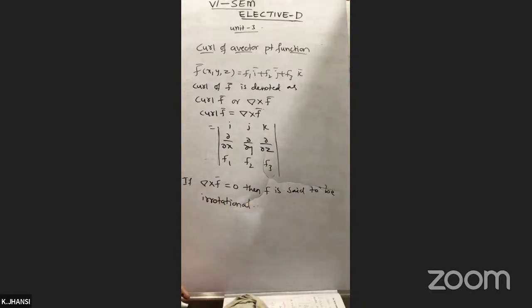There we called it solenoidal; here we call it irrotational if del cross f is equal to 0.